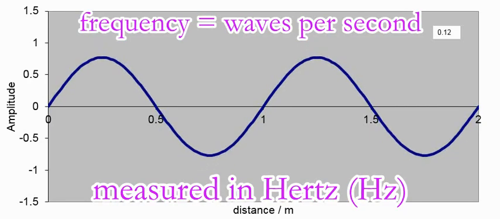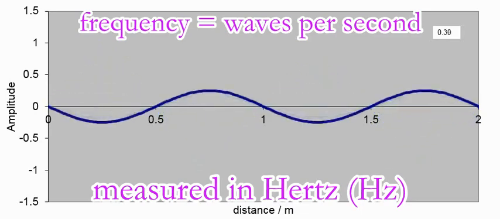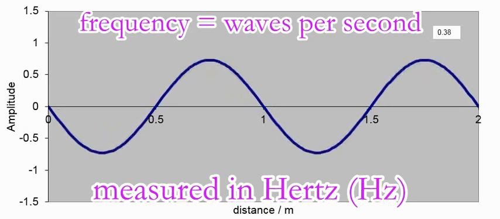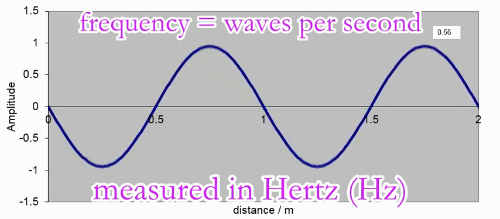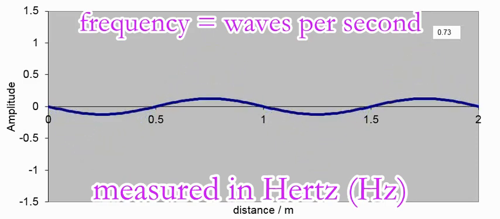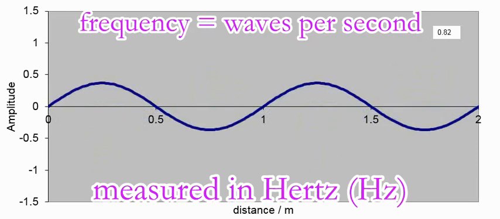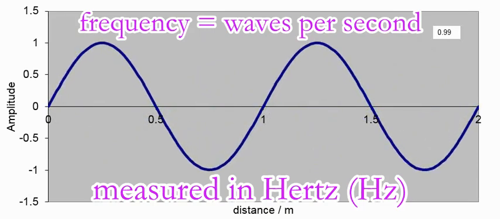The frequency of a wave is the number of times a wave goes through 1 full cycle every second. In this case, it's pretty easy to figure out because we see that the wave went through 1 full cycle in 1 second. The unit that is used to measure frequency is called a Hertz. And a Hertz is the number of waves made per second. So in this case, the wave just has a frequency of 1 Hertz.